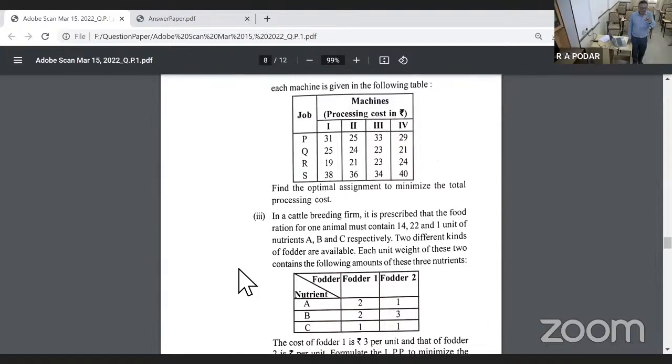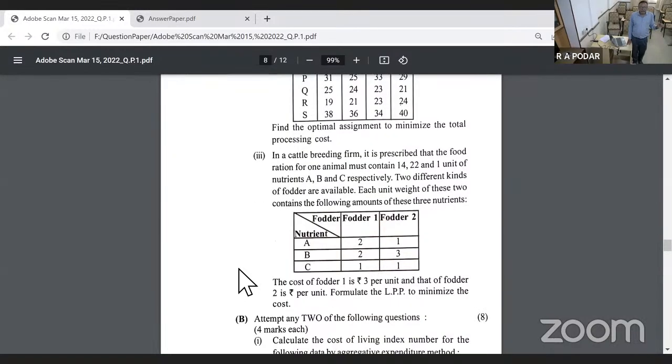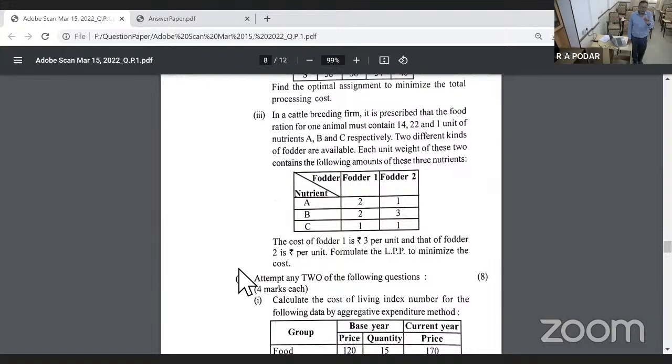Formation of the LPP was there, and here there was a mistake committed by the board. Rupees per unit is written, but the rupee amount is not mentioned. The cost of order 1 is 3 rupees per unit, and that of order 2 is blank rupees per unit. So there was a mistake in the board question paper. It should be 2 rupees per unit for order 2.